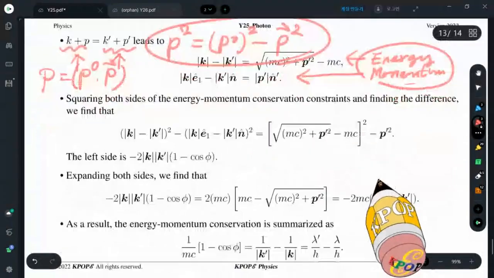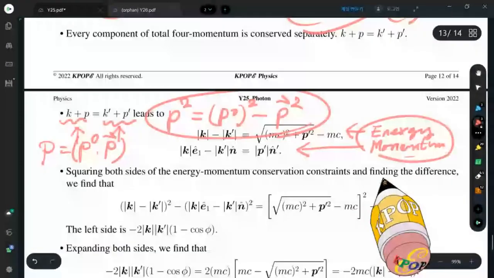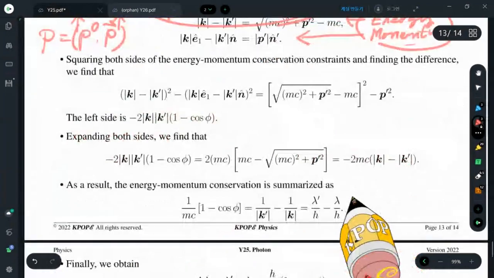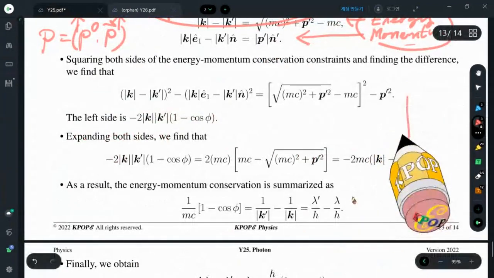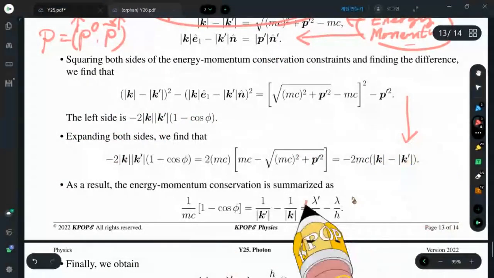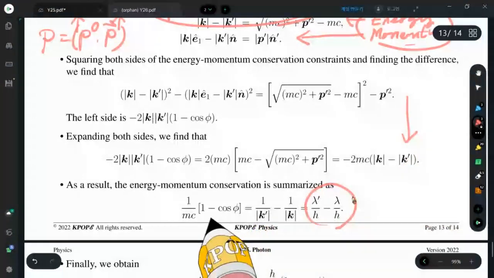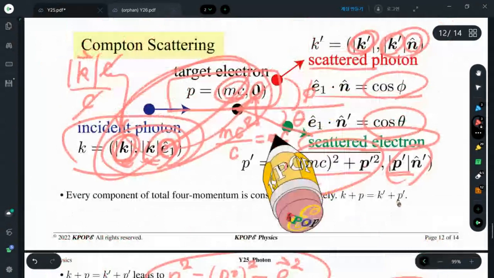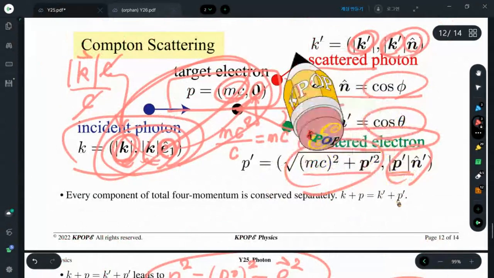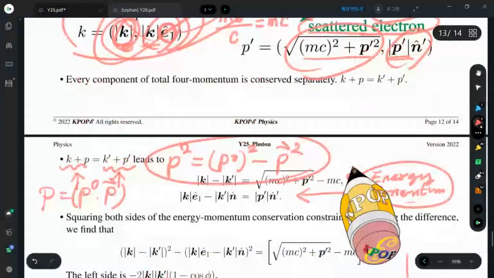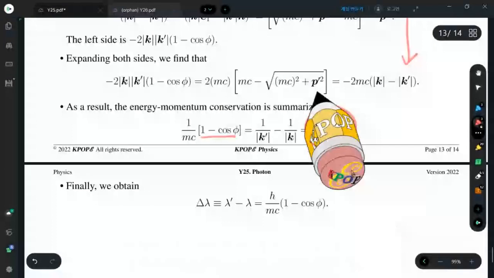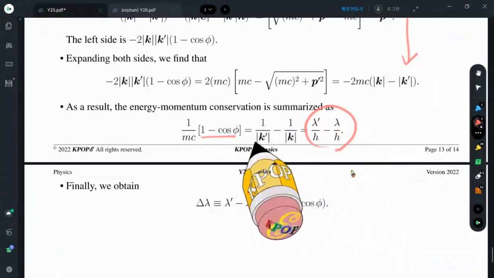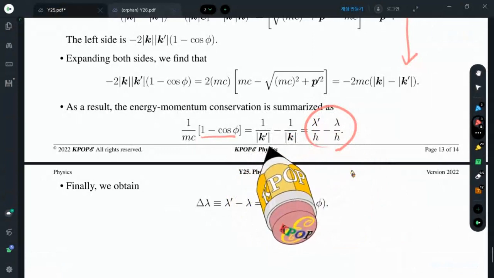So we make use of this expression and use these constraints. We can simplify this relation to arrive at the angle phi. Phi is the scattering angle of the scattered photon, and the result shows that it is 1 over the magnitude of momentum.